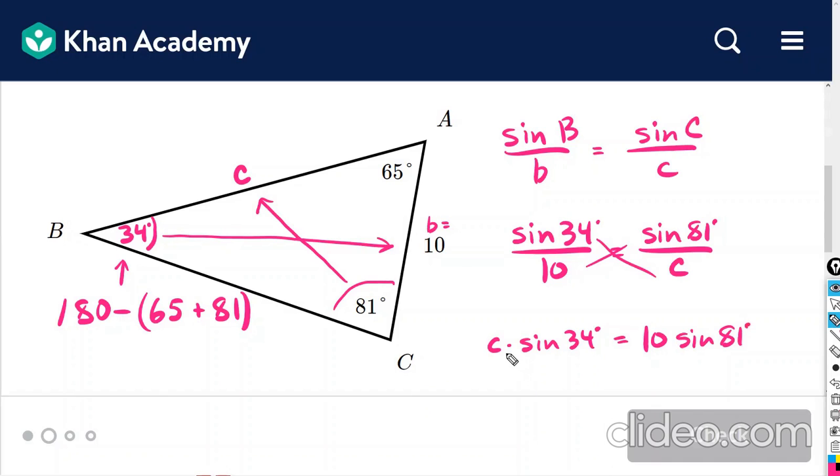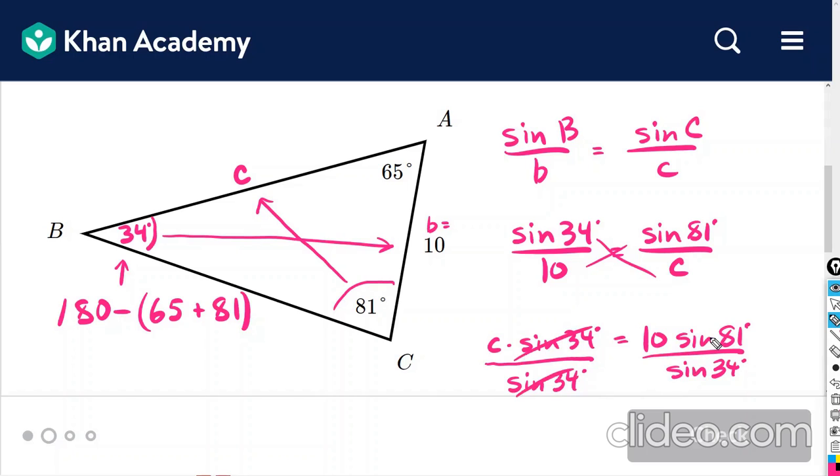Okay, solving for C, since it's times sine of 34, we're going to do the opposite and divide both sides by the sine of 34. On the left-hand side, sine of 34 over sine of 34 cancels.